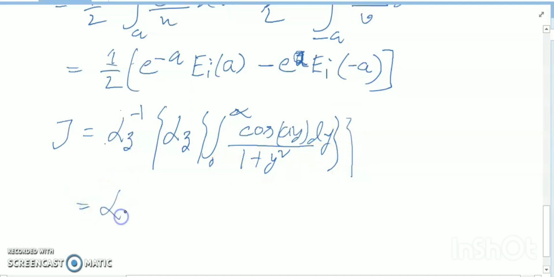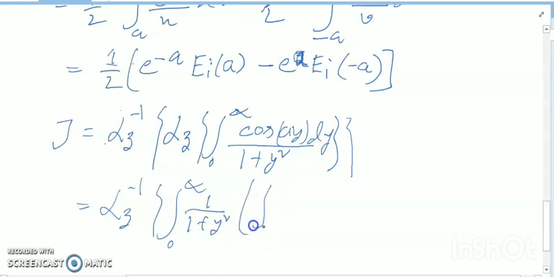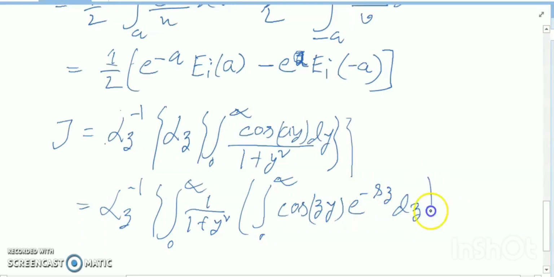So if I apply Laplace inverse, at first Laplace, what do I get? I get the integral from 0 to infinity of 1 over 1 plus y square, times the integral from 0 to infinity of cos(zy) e to the power minus sz dz, dy.